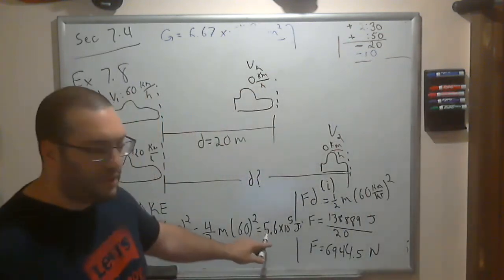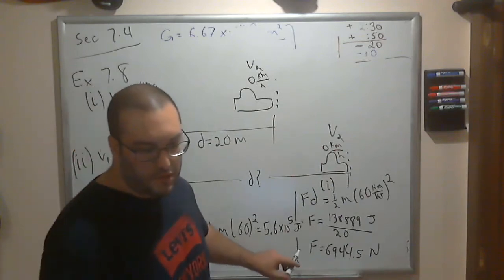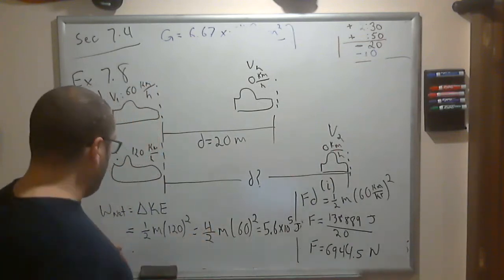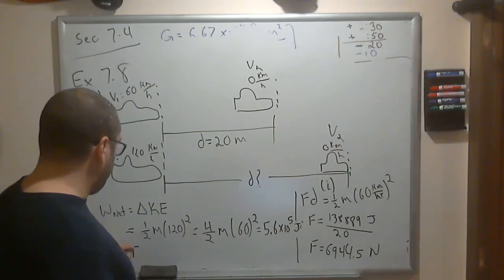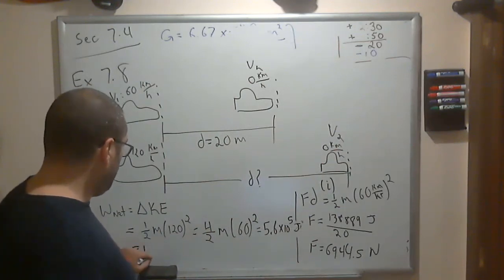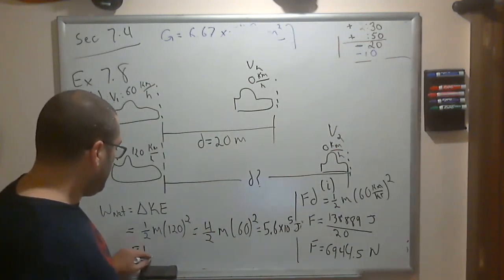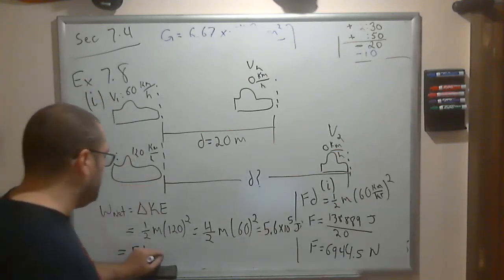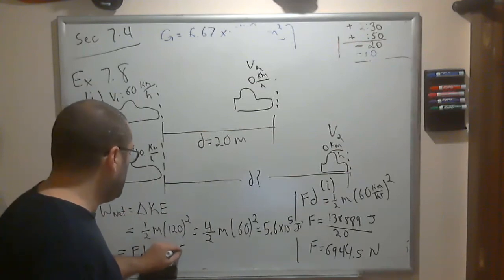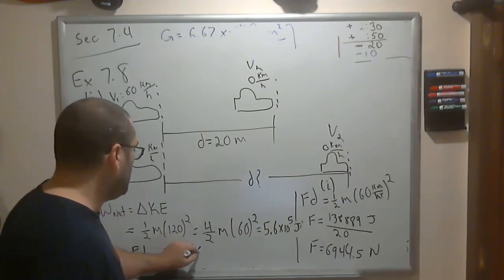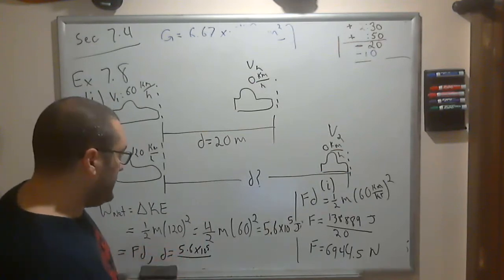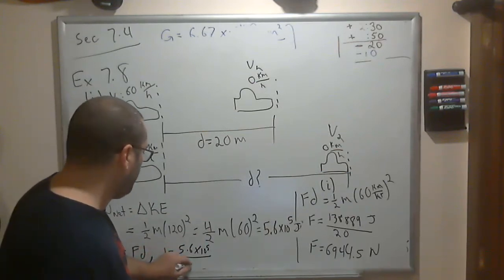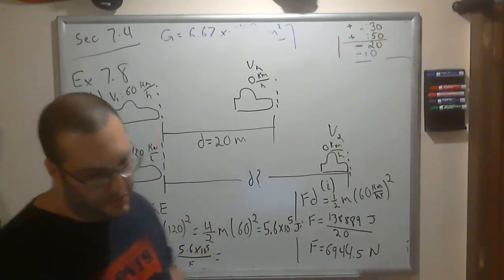So now this is the amount of joules we have, right? And then this will equal F times D, right? And then we know F, we calculated D, so then D would be this divided by F, and let's calculate that.